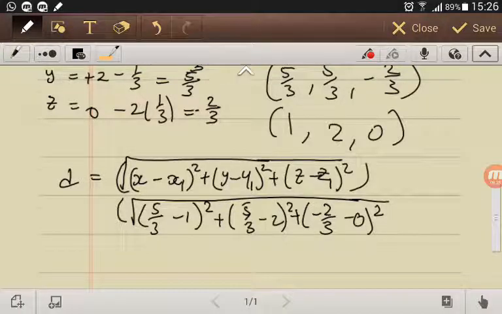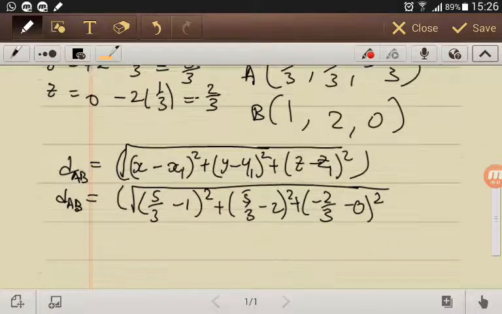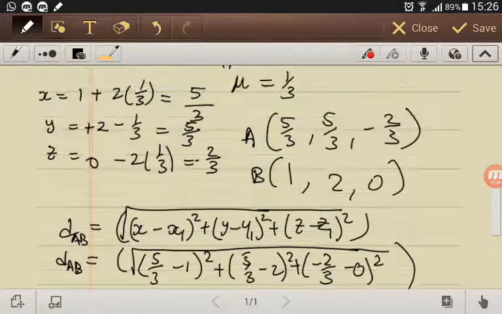So we're using this as our point A and this as our point B, trying to find the distance between A and B using the distance formula, and we're done. It's just a matter of simplifying this and we get the answer. So that's the distance between A and B. Thank you.